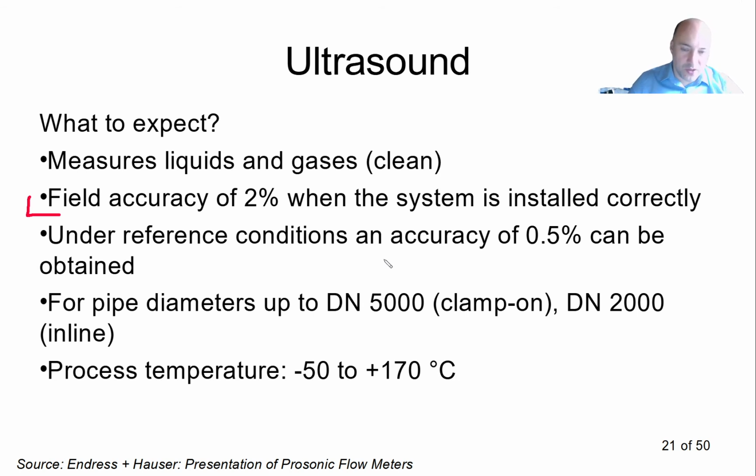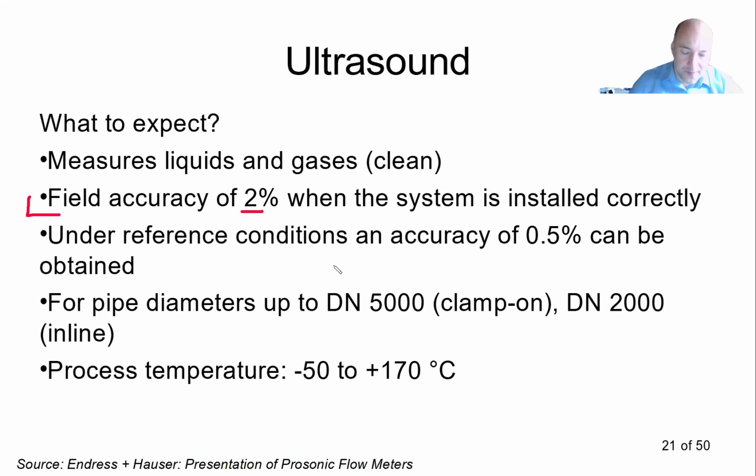So compared to the other flow meters, especially the Coriolis, this will have somewhat lower accuracy. Lower means that instead of, let's say, 0.5%, you might have something like 2%.